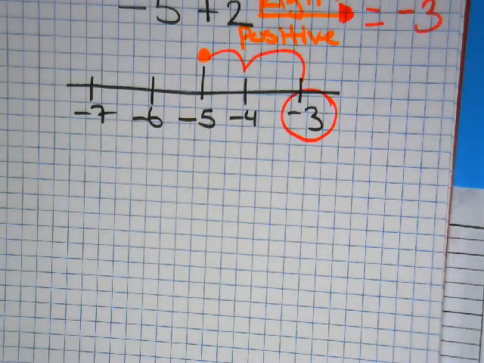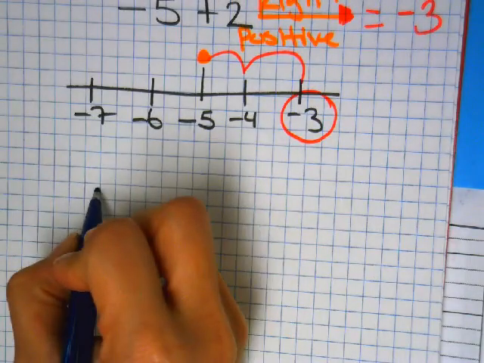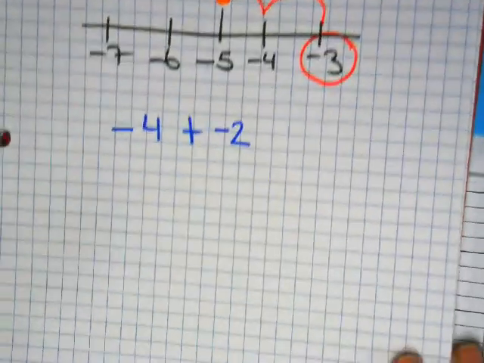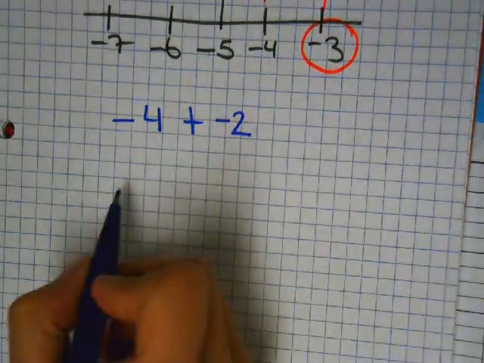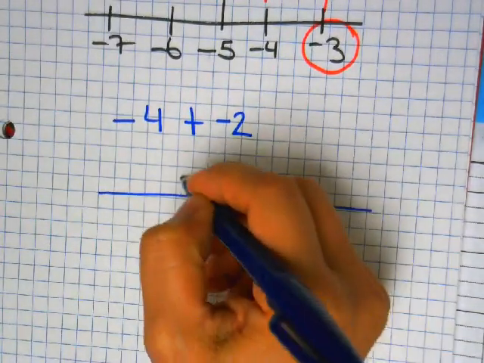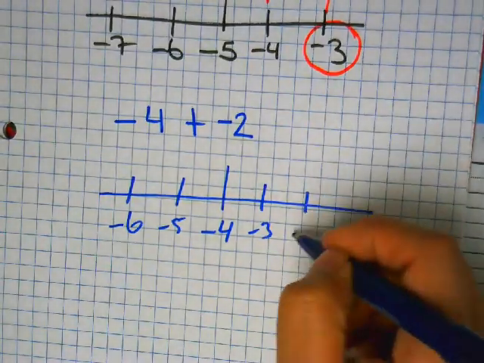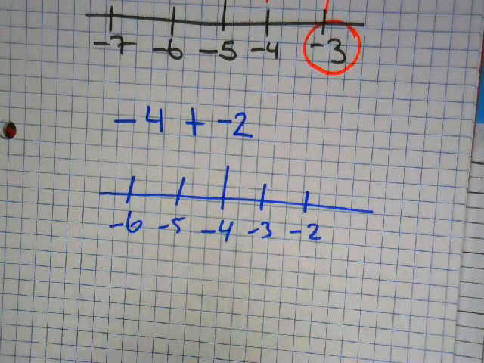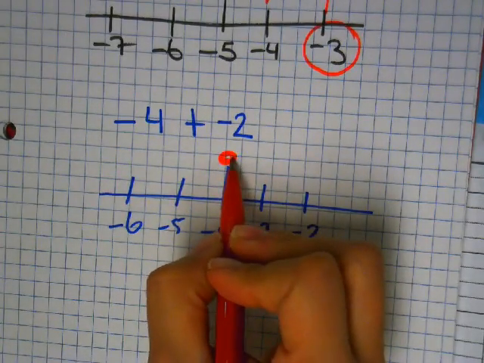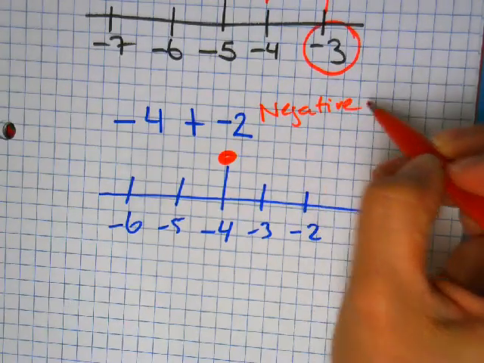All right. What if I give you -4 plus -2? We're going to practice with the number line, kids. We're going to spend 5 minutes practicing with the number line. Where do I start? -4. Now this is a negative. So which way do I go?